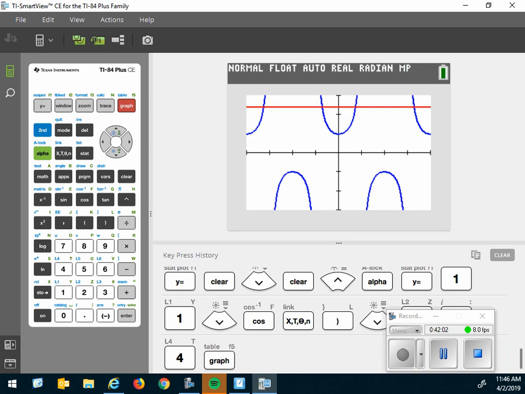So, which of those intersection points are we looking for? Yeah, just this one right here. Why just that one? My tick marks here are pi over 2, right? And what we're looking for, the problem said the answer was between 0 and pi over 2. So I need the intersection point that is between here and here. So it has to be this one. You with me? So that's how you do 29 through 39 odd.